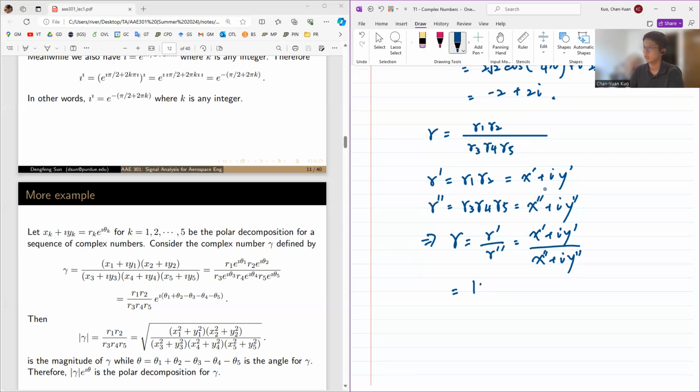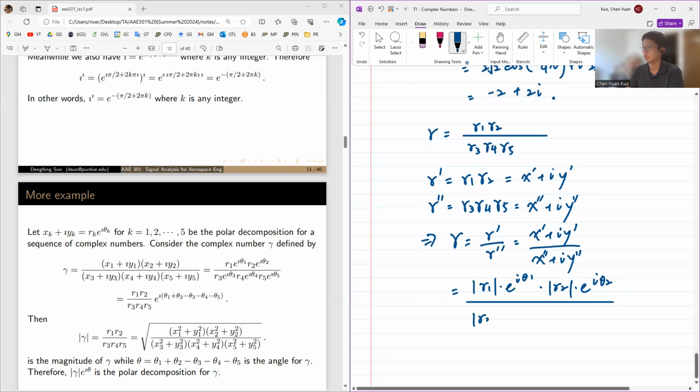So we can rewrite gamma as the magnitude of gamma 1 times e to the i theta 1 and times the magnitude of gamma 2, times e to the i theta 2 over gamma 3 e to the i theta 3 times gamma 4 e to the i theta 4, and then gamma 5 e to the i theta 5.